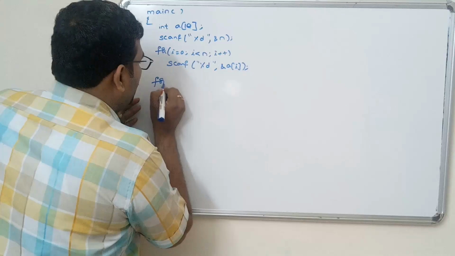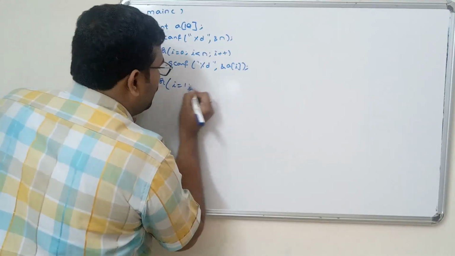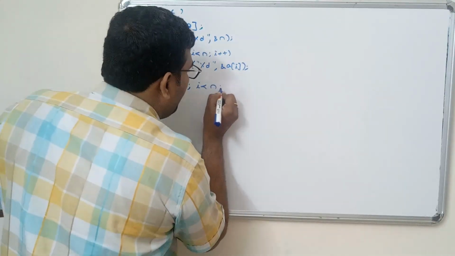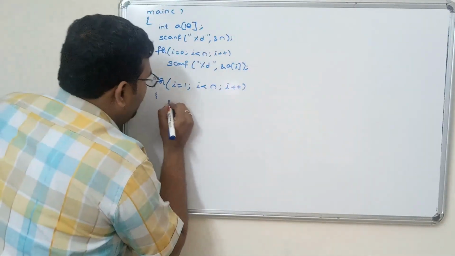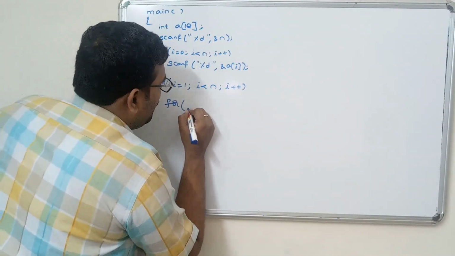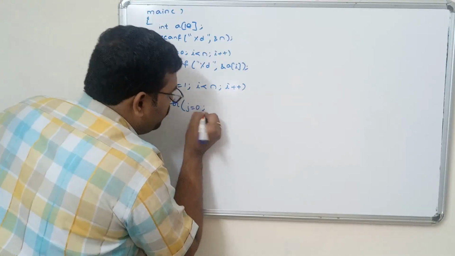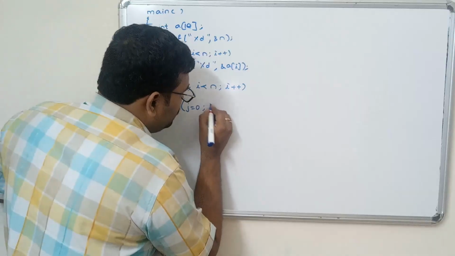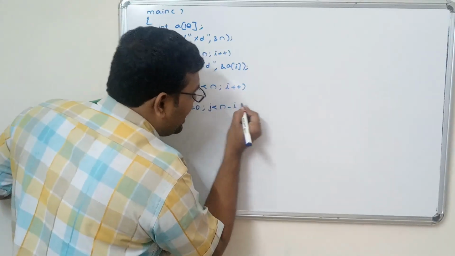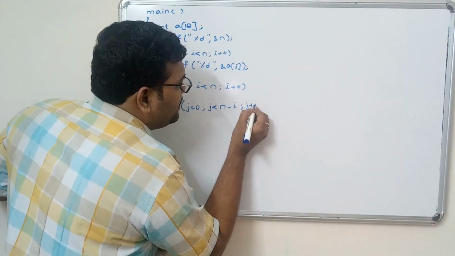So for i is equal to 1, i less than n, i plus plus. This is for passes, and immediately next, for j is equal to 0, this is the iteration to compare each and every element: j less than n minus i, j plus plus.